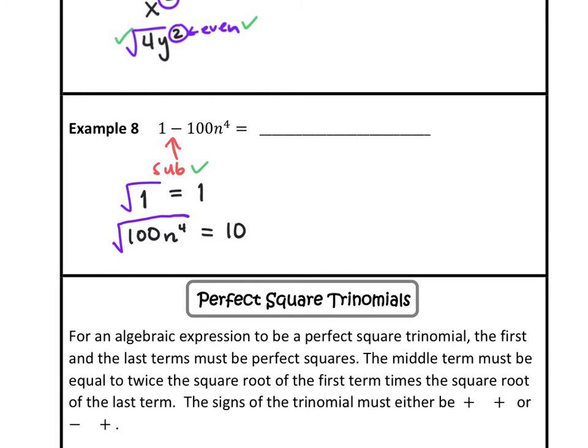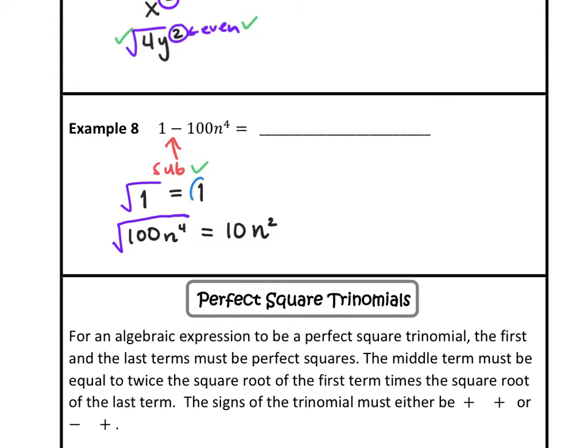What's the square root of n to the 4th? Remember, what the square root does is that it divides the exponent in half. So what's half of 4? It's 2. So it's n to the second power.